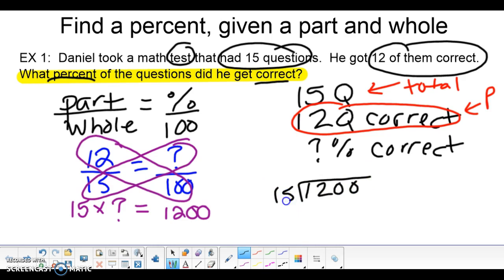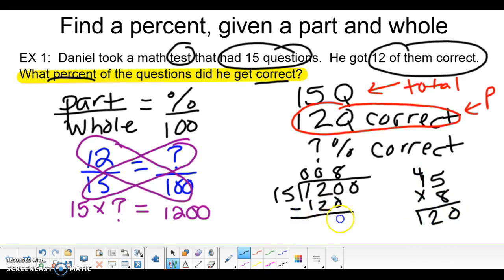1,200 divided by 15. I know that 15 doesn't go into 1, doesn't go into 12, but it goes into 120 8 times. I'm just going to check it. 15 times 8 is 120, so we have 0 left. And a lot of you forget this step.